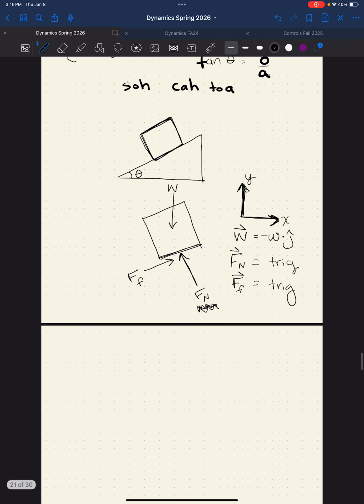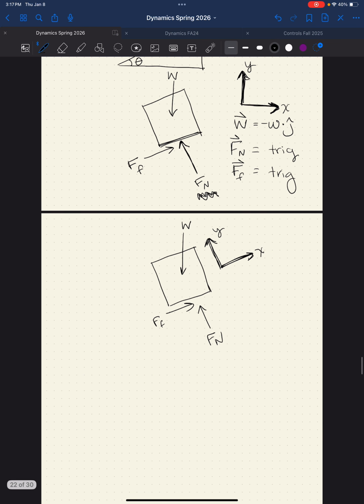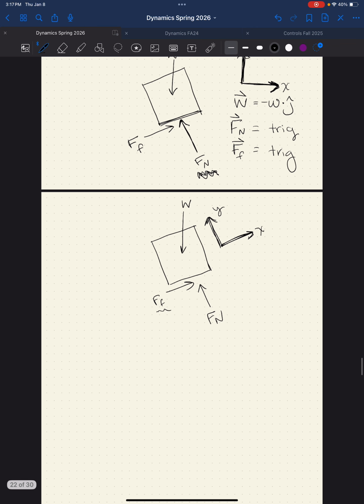Okay, so this is what's going to happen if I choose the straight up and down, directly left and right coordinate axes. But let's see what happens if I choose the other way. I've got my free body diagram here. It's nice and tilted. Fn, W. If I choose a tilted coordinate system like this, and I say we're going to choose my x direction such that it is collinear with my force of friction, that means that when I go to write the force of friction as a vector, I can say, well, all of the friction force goes in the i hat direction.